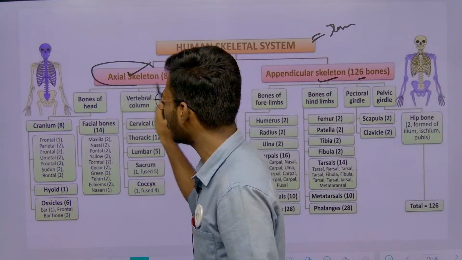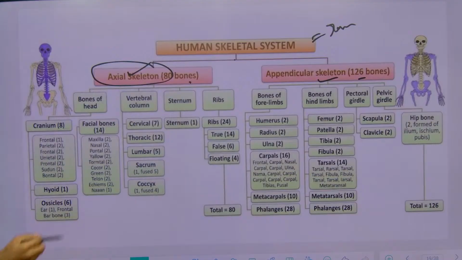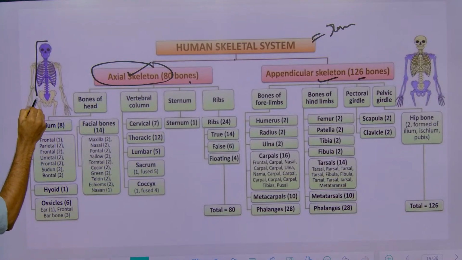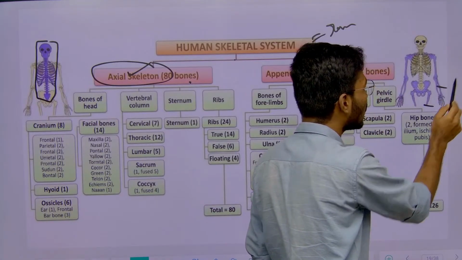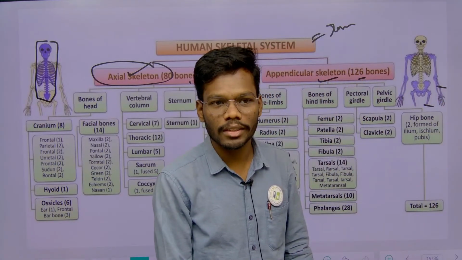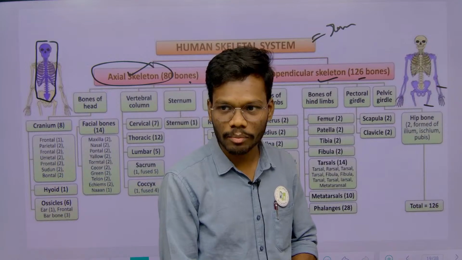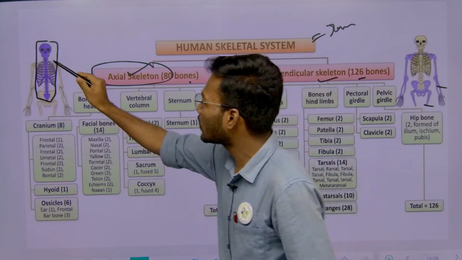That is also one bit we cannot expect, right? So this axial skeleton, if you see this skeleton, all the axial skeleton which is highlighted with blue color, all this part is axial skeleton, and the remaining part, whatever these limbs and these hands and legs, all these things are appendicular skeleton, right? So axial skeleton contains what?